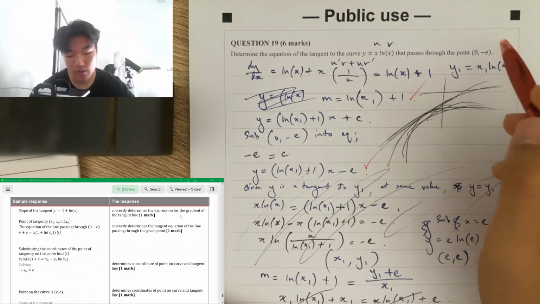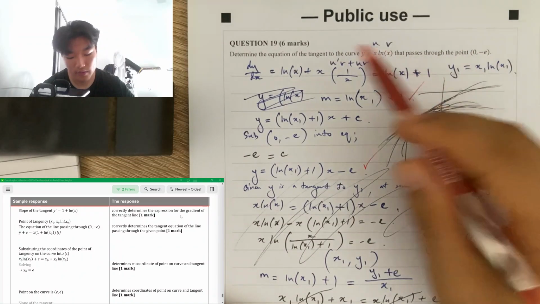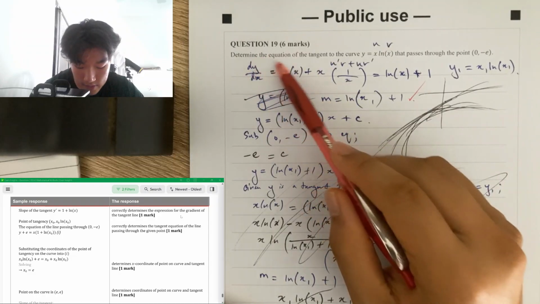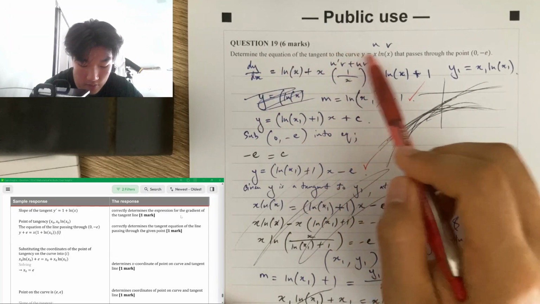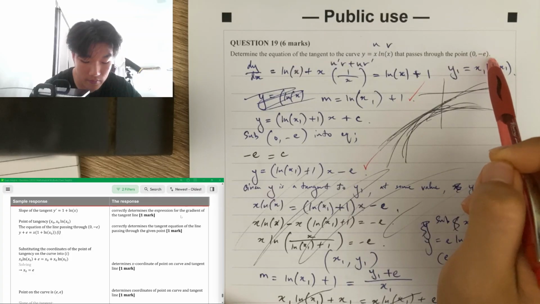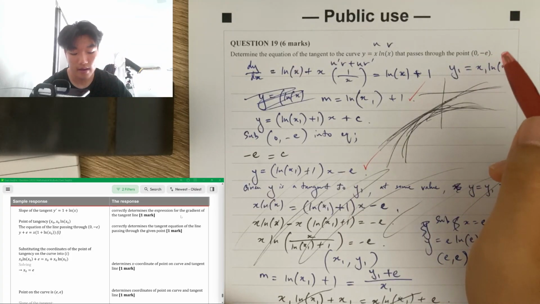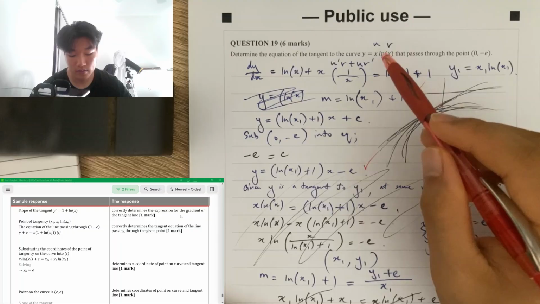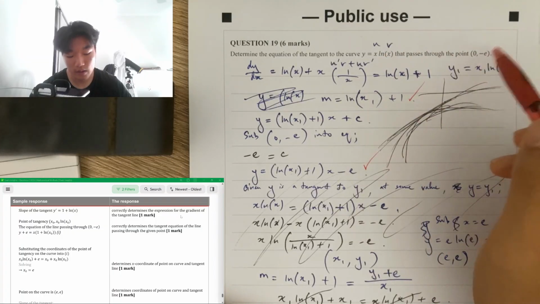But you might be thinking, oh, now we sub this point in to find the derivative of the tangent. It's not that simple. It says, determine the equation of the tangent to the curve that passes through the point 0, negative e. It doesn't say at 0, negative e. Oh, wait, yeah.